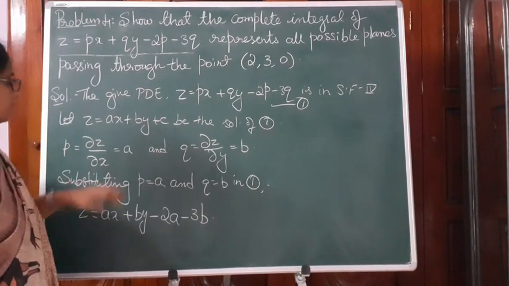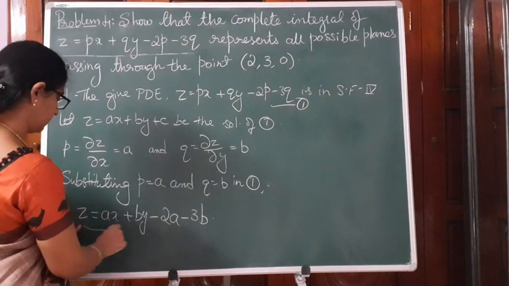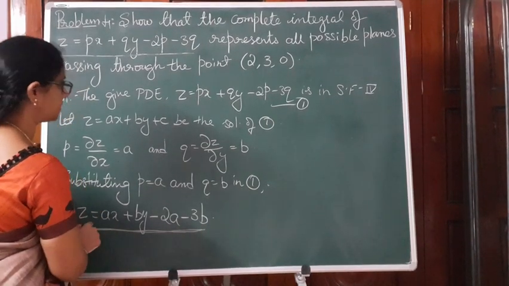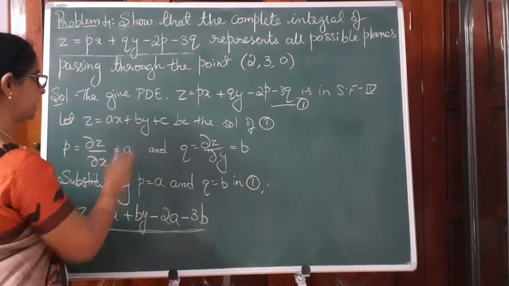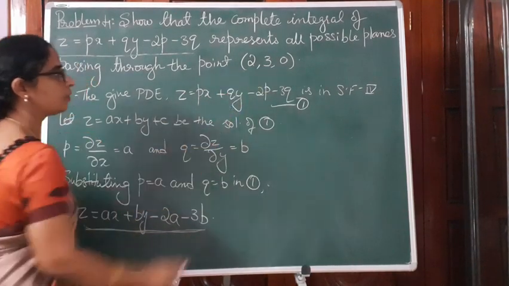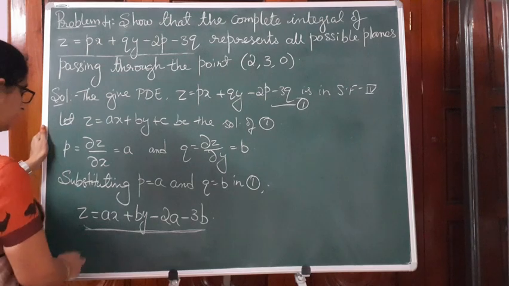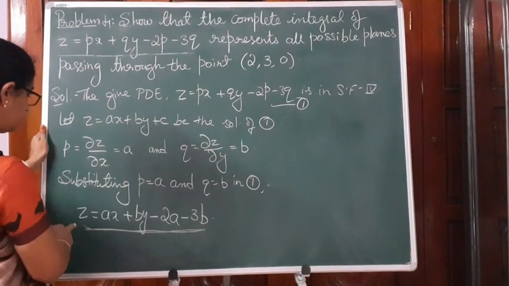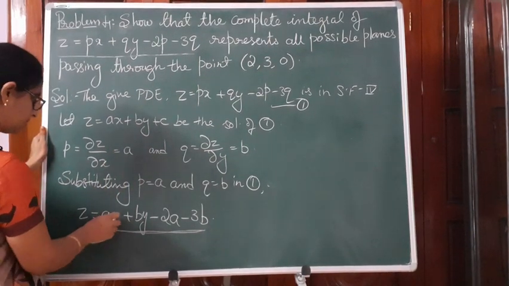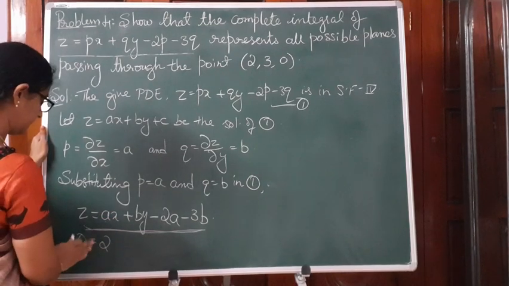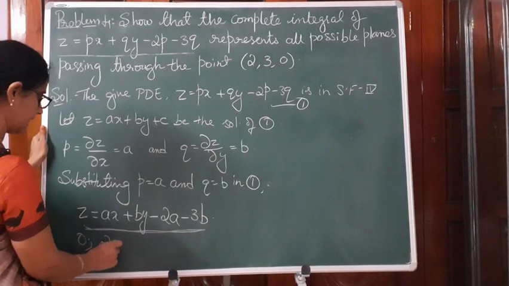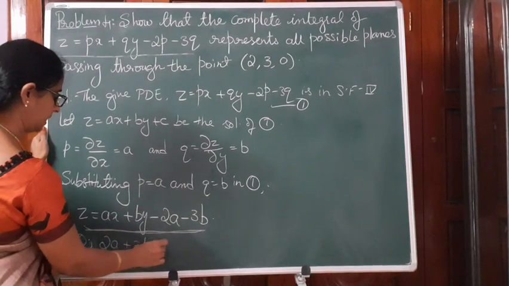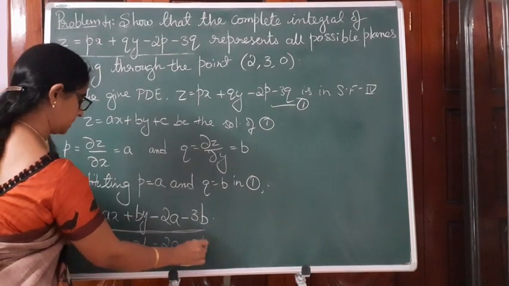Now we see that the equation of this plane always passes through 2 comma 3 comma 0, because if we put z is equal to 0, x is equal to 2 and y is equal to 3, what happens here? The left hand side is 0 and the right hand side is x is 2, so 2a, y is 3, so plus 3b, minus 2a minus 3b, that is 0.